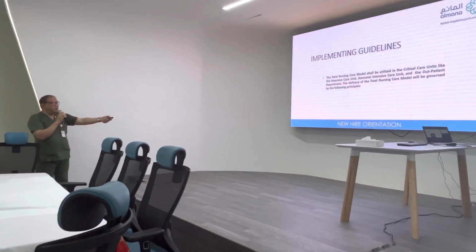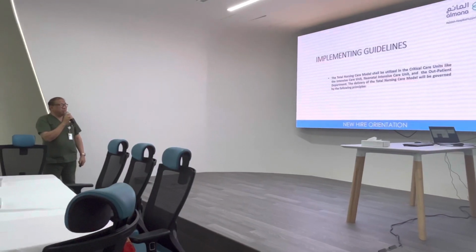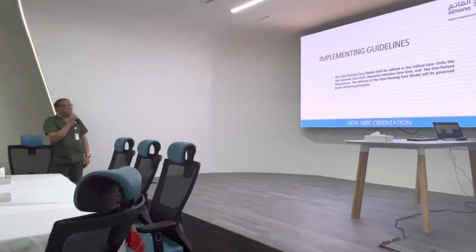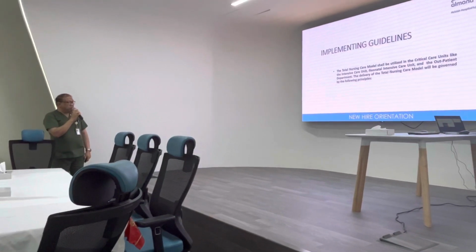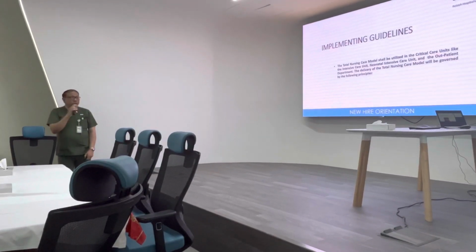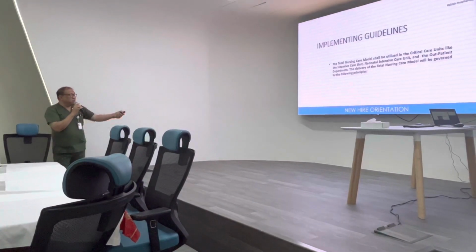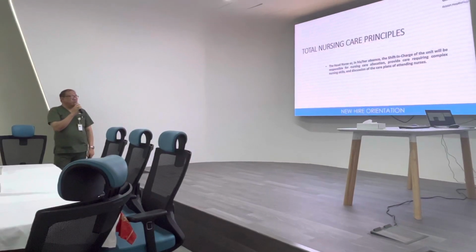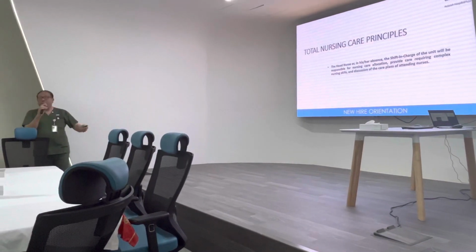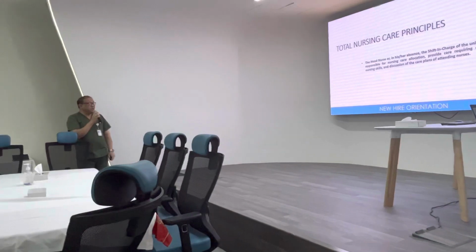Okay, for the implementing guidelines, the total nursing care model will be utilized in the critical care units like intensive care, NICU, OPD. The delivery of the total nursing care model will be governed by the following principle. The head nurse or, in his absence, the shift leader of the unit will be responsible. Take note of this.